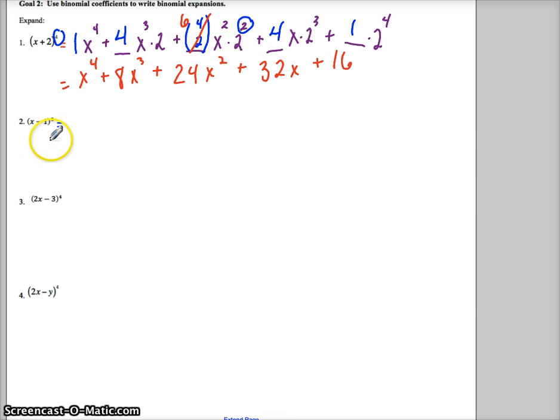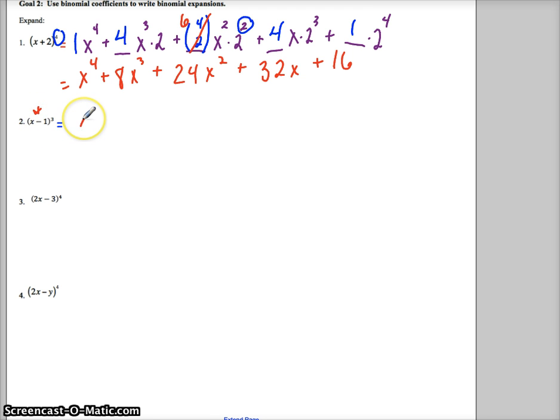Let's look at example number 2, x minus 1 to the 3rd power. When we expand, this time we'll have to consider the negative in front of the 1. When you expand the second term, that minus goes with it.